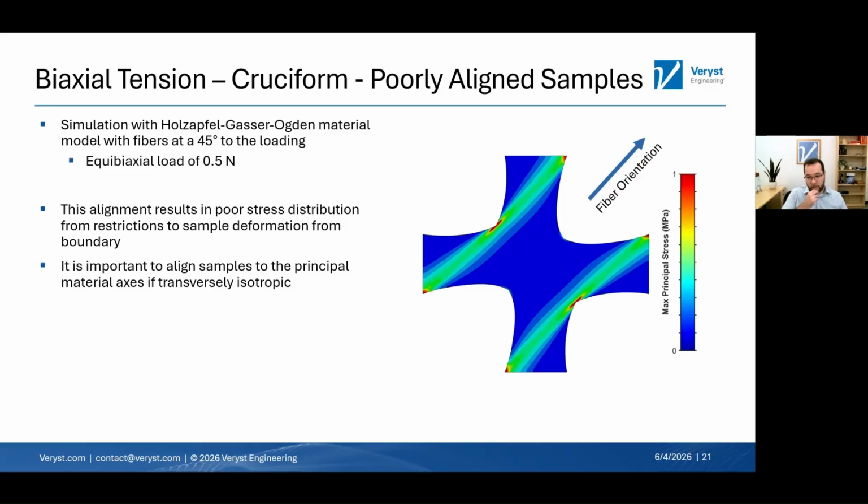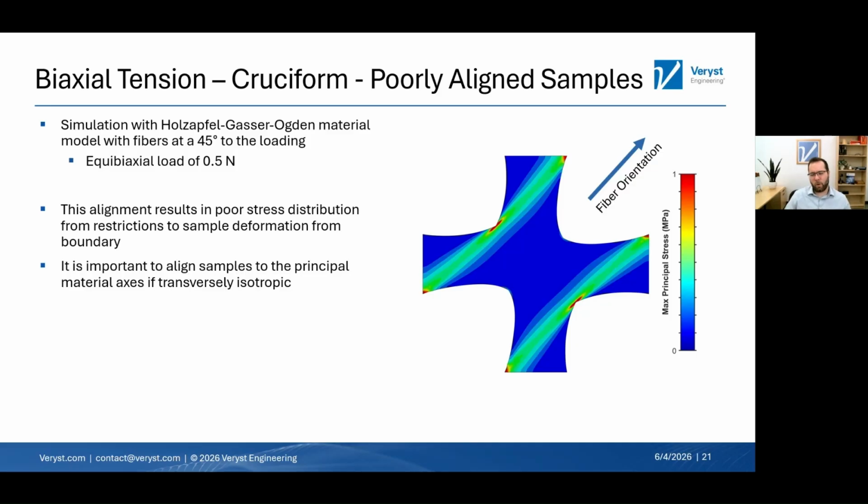And what we can see is that the stress is purely concentrated on the arms and a little bit in the corner regions, and hardly any is in the central region of interest that we actually care about. And so this is far from ideal, obviously. It really shows that for a cruciform sample, you have to be careful aligning your material to the principal axes of your anisotropy or your fiber orientations.